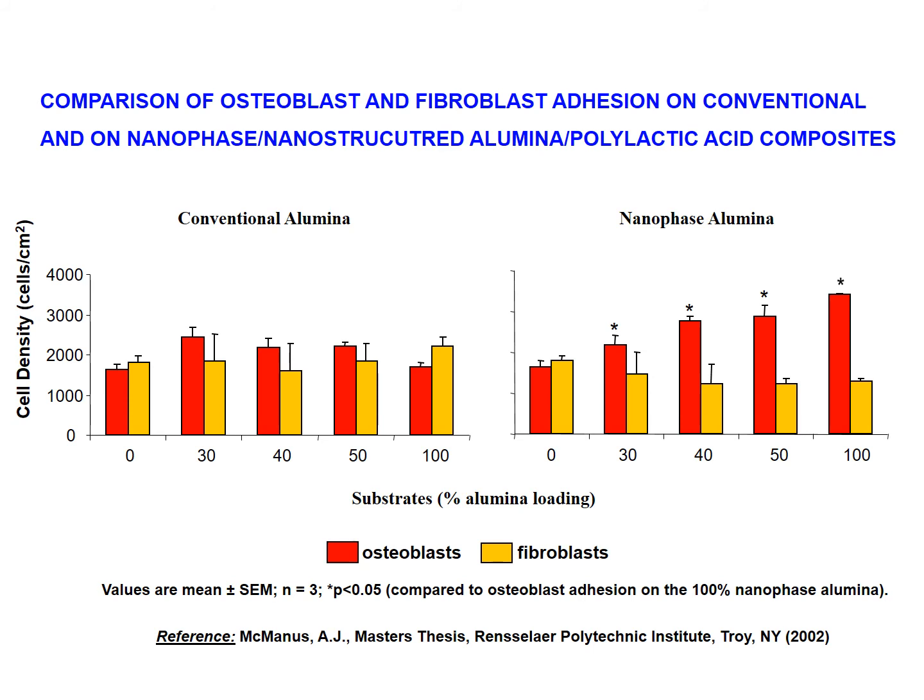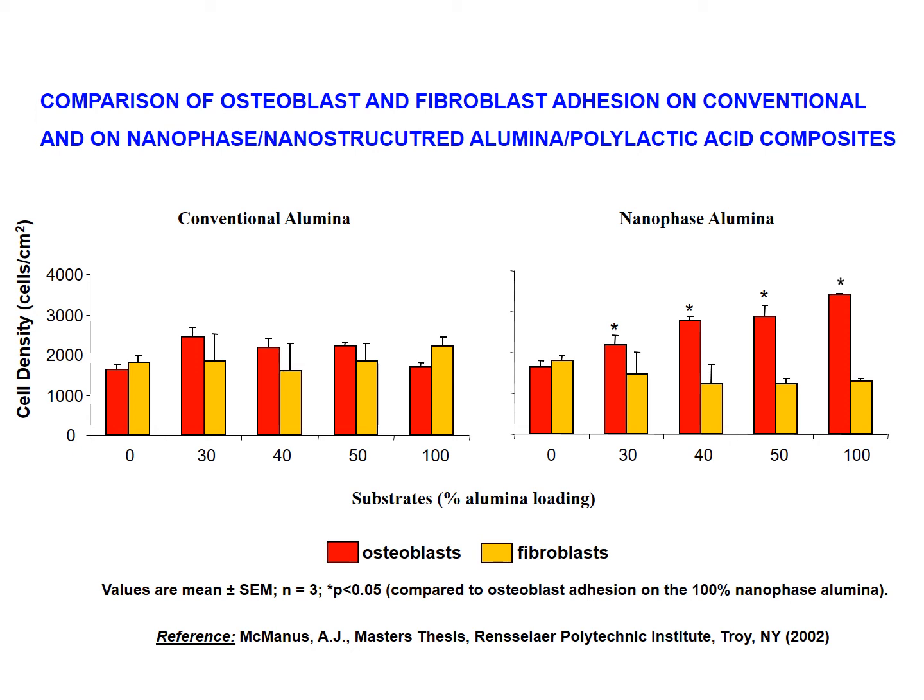This slide summarizes the results which were obtained when either fibroblasts or osteoblasts were allowed to adhere on either nanostructure alumina polylactic acid composites. In both phases or frames, I should say, of this slide, we have the red bars which represent the results with the osteoblasts and the yellow bars which represent the results with fibroblasts.